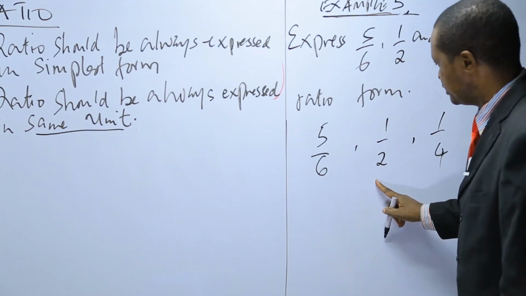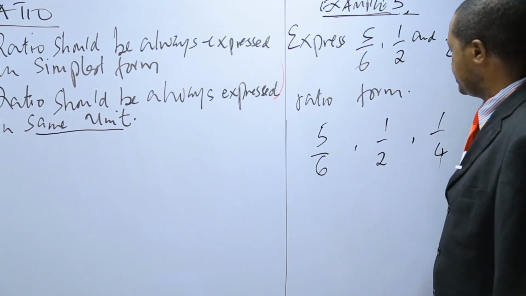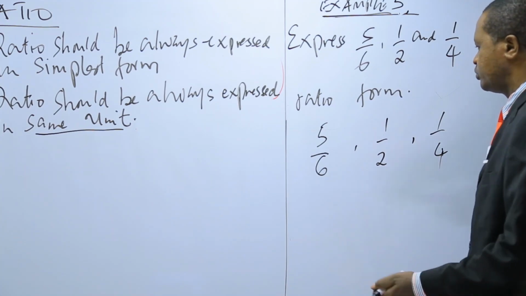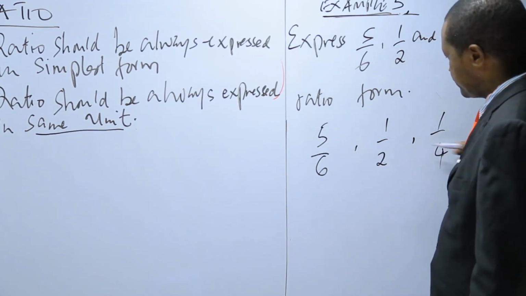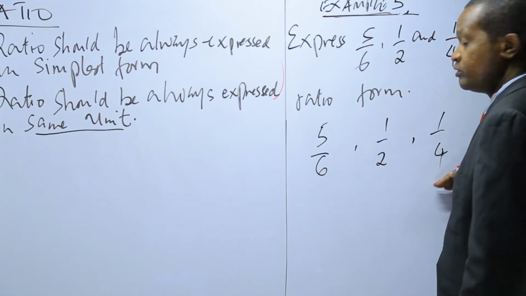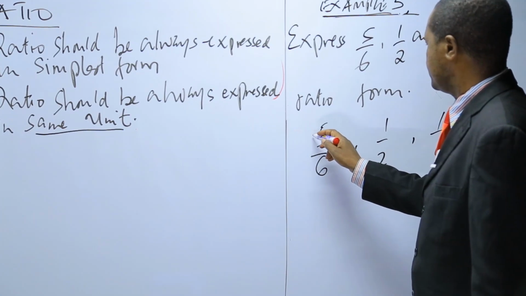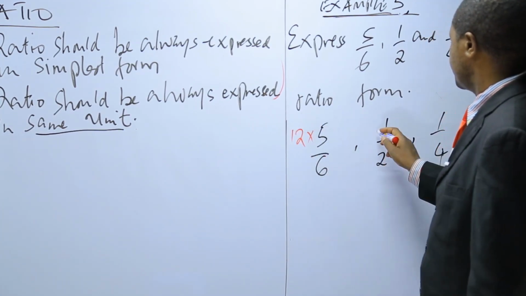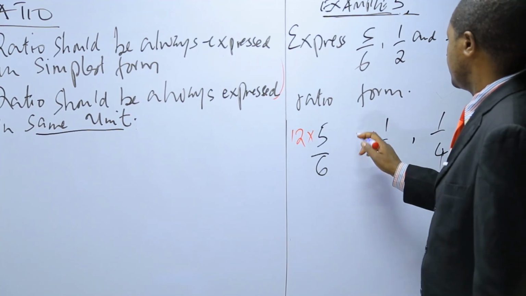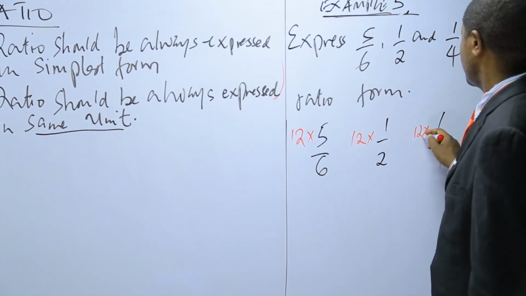The LCM here is 12. So we multiply all the fractions by 12 so that we remove the denominator. Here we multiply 5/6 by 12, a half by 12, and a quarter by 12.